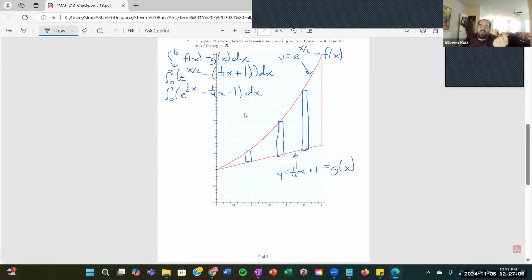So in this case, that would be 1/2 e to the 1/2 x. So essentially you multiply by whatever the derivative of that inside function is. In this case, because of the antiderivative, you're going to divide by that derivative. So this term becomes 2e to the 1/2 x.